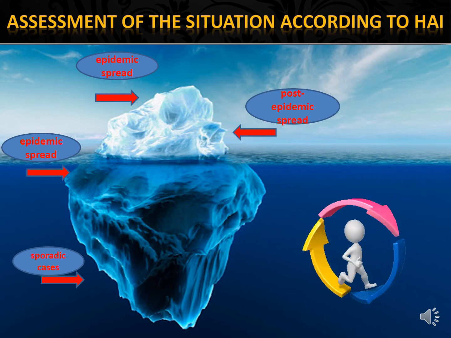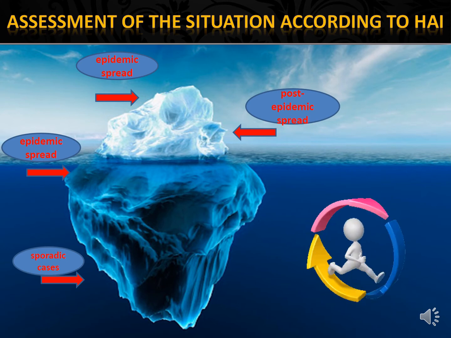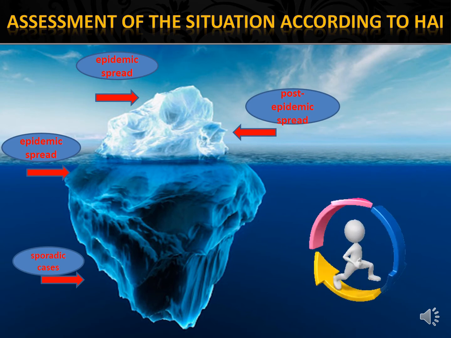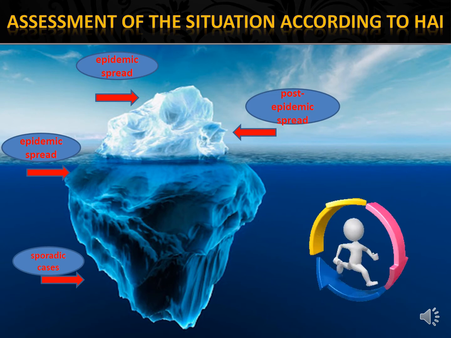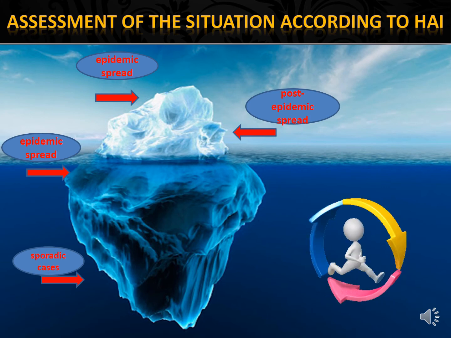Then you see that all your patients have the same pathogen, for example hepatitis B, and you try to analyze why. Maybe you destroyed your equipment for disinfection or sterilization, or another situation, and you try to solve this problem or not.